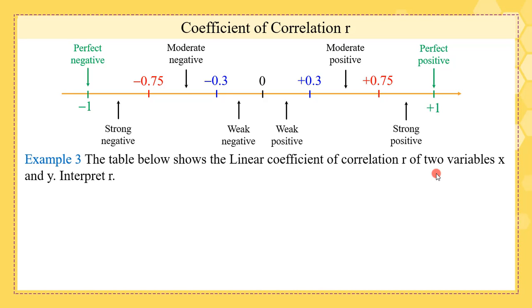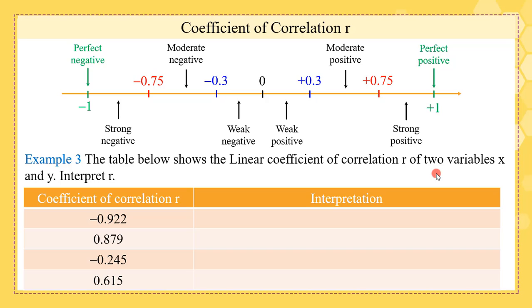The table below shows the linear coefficient of correlation R of two variables X and Y. Interpret R. Here we have to give an interpretation using the following number line. If R is equal to this value, what is the interpretation? Give an interpretation for all the following values of R. What can we say about the first value?